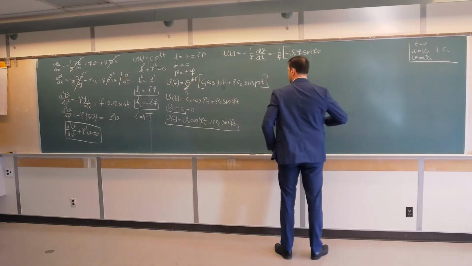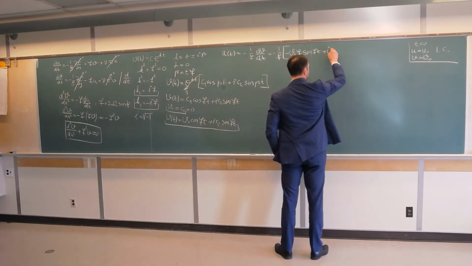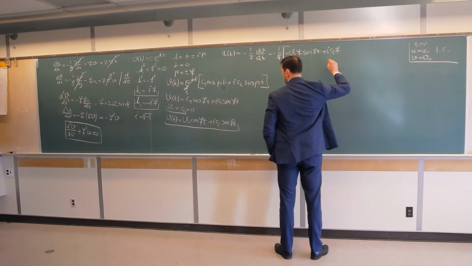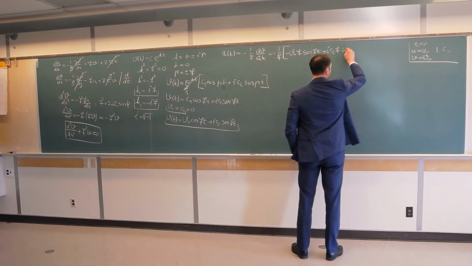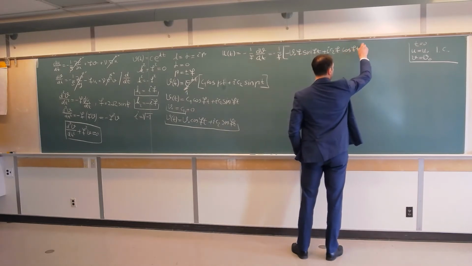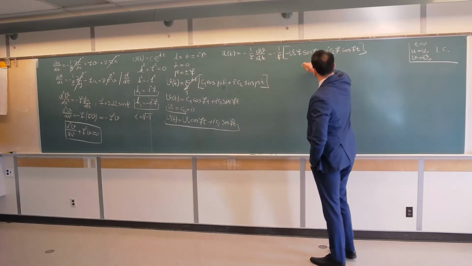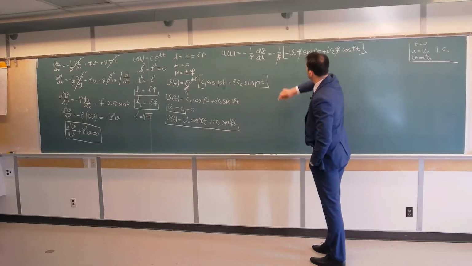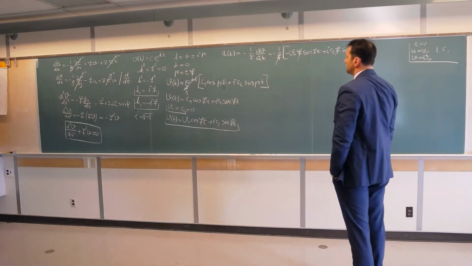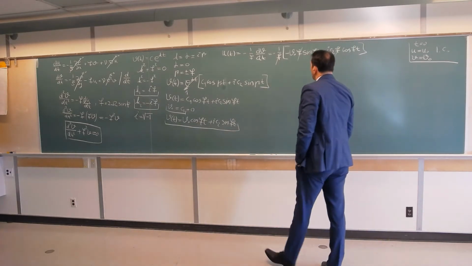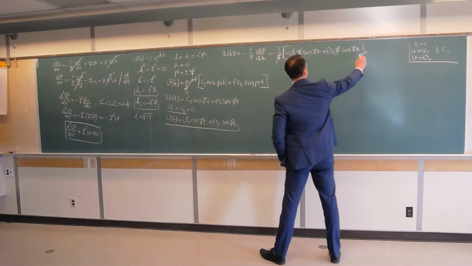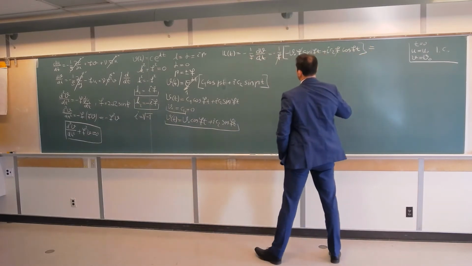The derivative of sine is cosine, so I will have plus i c2 f cosine ft. Notice that this f and this f cancel, and this is then further equal.